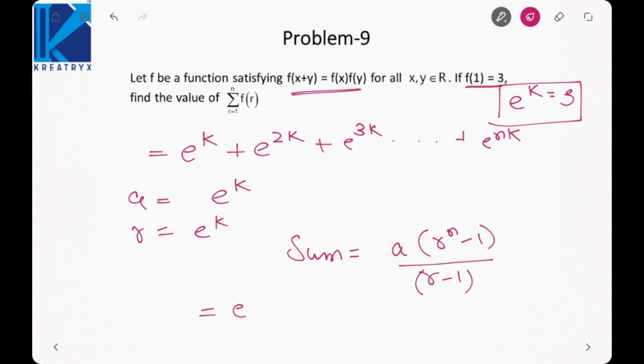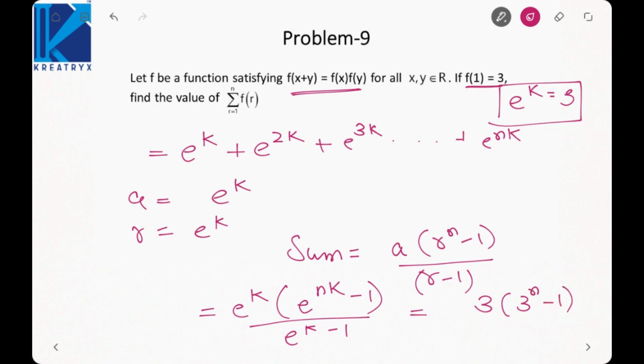So it will be e raised to the power k, e raised to the power nk minus 1, over e raised to the power k minus 1. Now I know the value of e raised to the power k, it will be 3. 3 raised to the power n minus 1 over 3 minus 1, which will be 2. So it will become 3 by 2 times 3 raised to the power n minus 1. That will be the value of this sum.